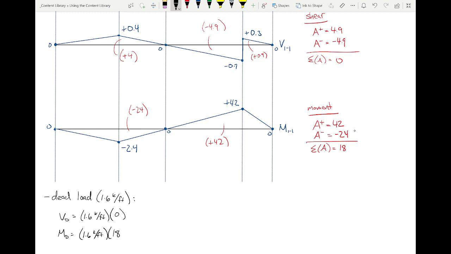This one's going to be 18. So what's 1.6 times 18? 28.8. So therefore, no dead load shear at that point. There's that.